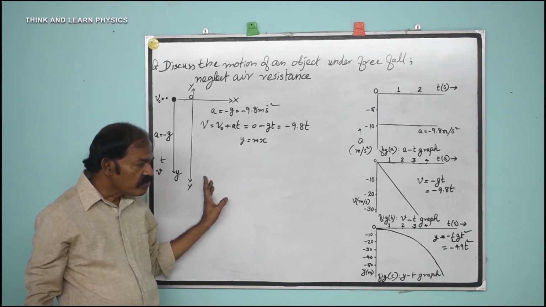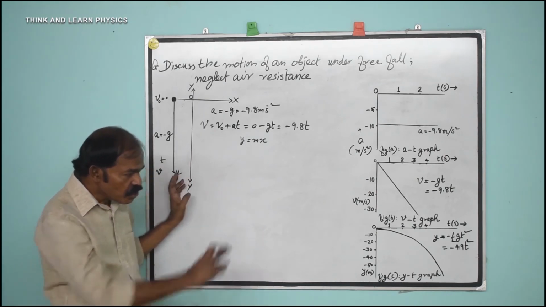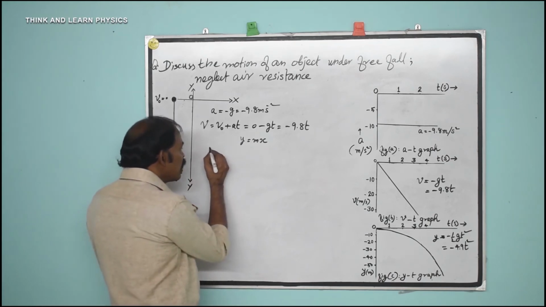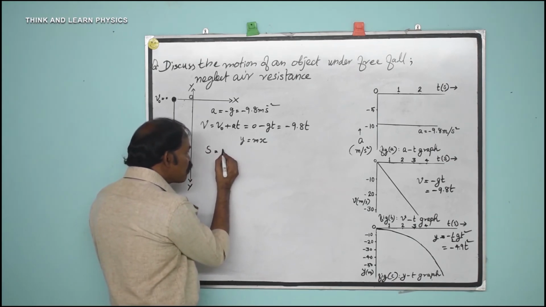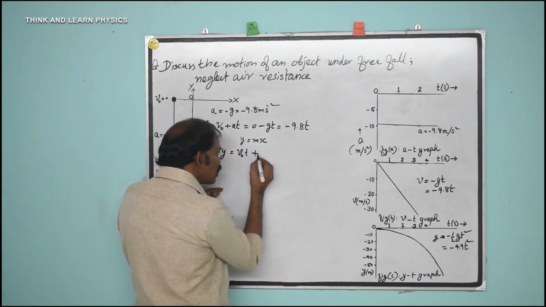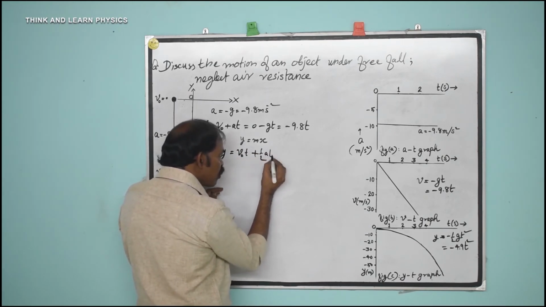Now we can draw the position time graph using the equation s equals, that means y equals v0 t plus half at square.